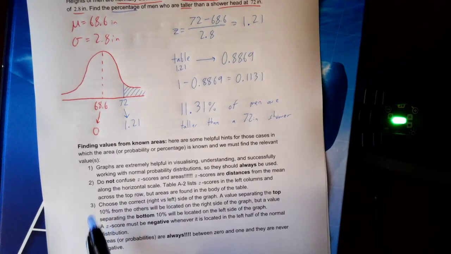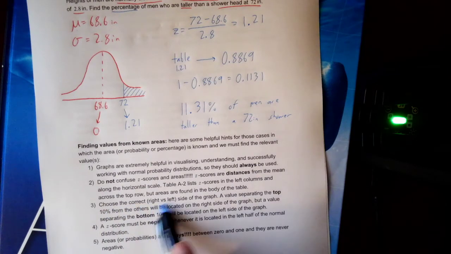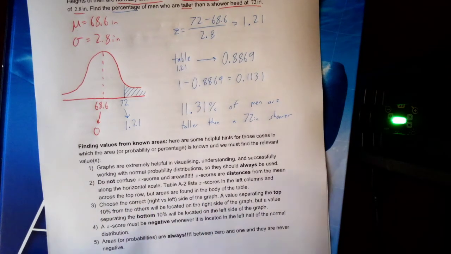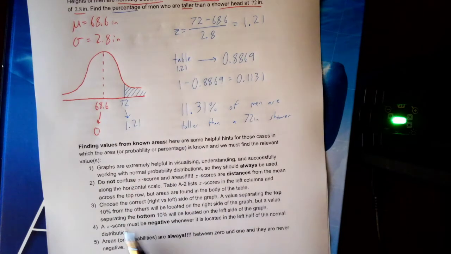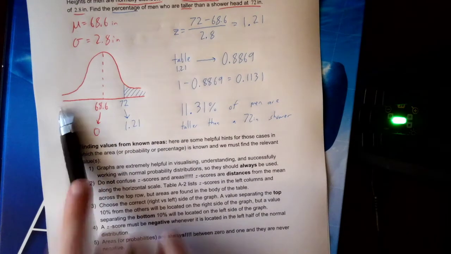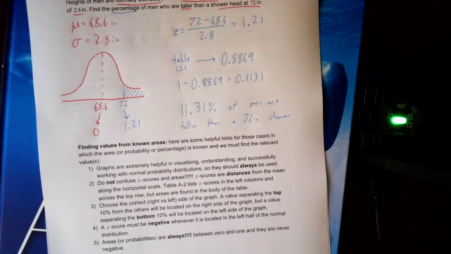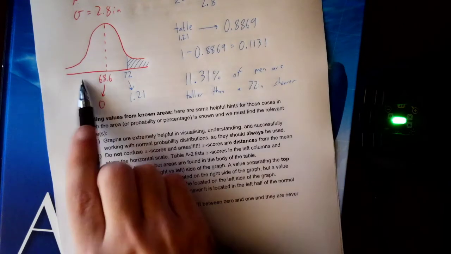Now, choose the correct right versus left side of the graph. Make sure you shade correctly. And it has an example about the top 10% would be the top 10% on this side, right? The bottom 10% would be over here on the left. Make sure you shade appropriately. A z-score must be negative whenever it's on the left half, right?